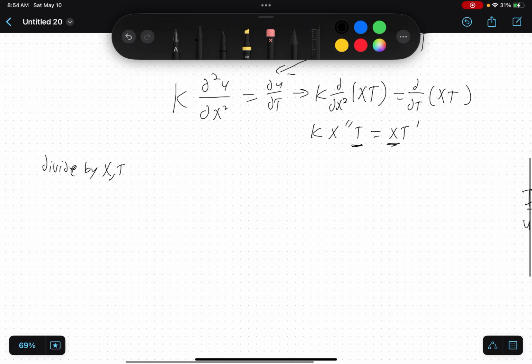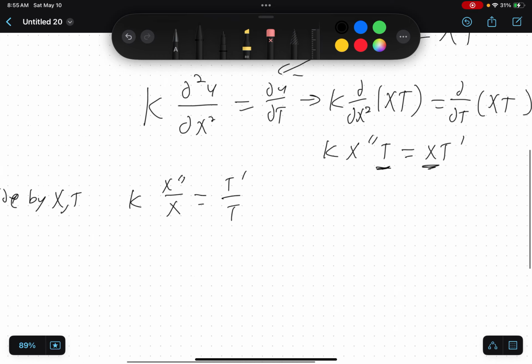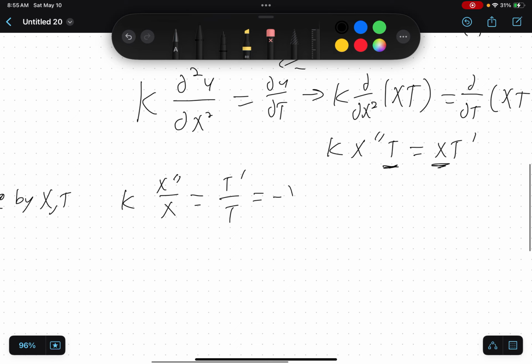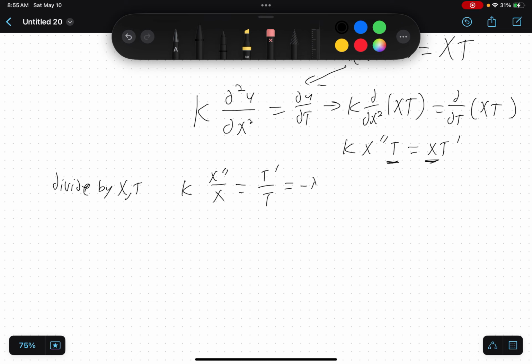So that'll look like k X double prime over X equals T prime over T. Now we set this whole thing equal to negative lambda. You could do positive lambda. Frankly, it won't matter, but negative lambda is nicer with the math. You just have to write fewer negative signs later on.